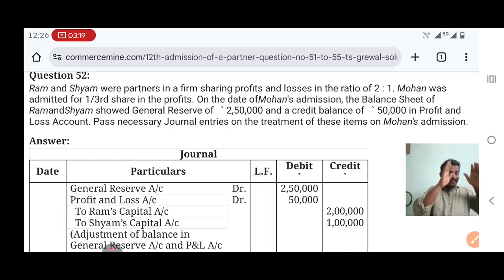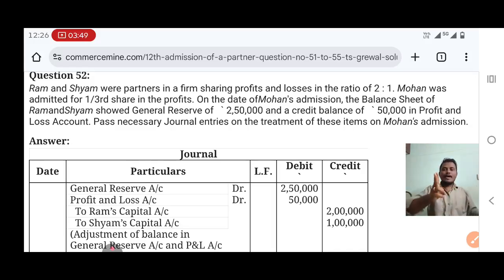If in the ledger it is shown on the debit side, then in the journal also you show it in the debit aspect of the journal. So by general reserve means in the journal you say general reserve account Dr., and by profit and loss account means in the journal entry you say profit and loss account Dr., to the partners' capital accounts.